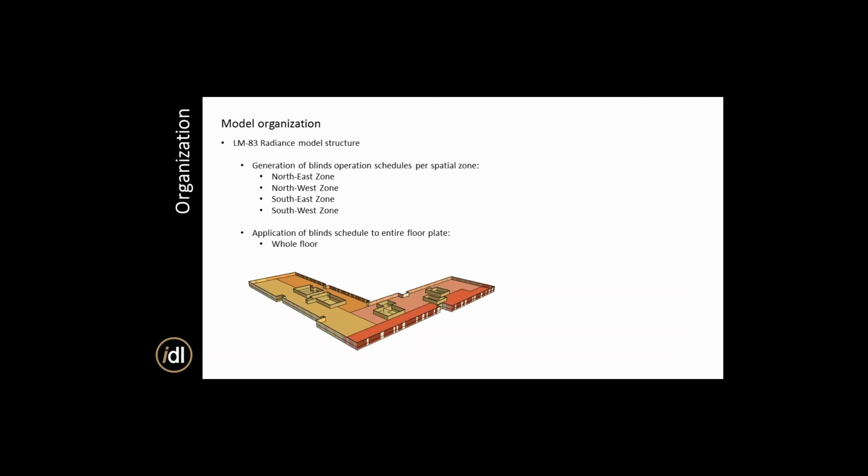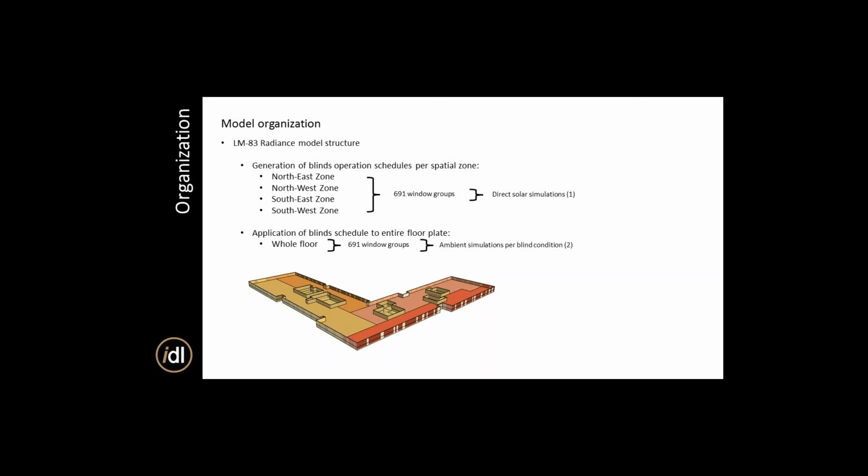Okay, so this outlines how we would simulate this. We have the four zones and we have the whole floor plate. If we're looking at the entire building, we would have 691 window groups for each iteration of this model. So we have the separate zonal, the daylit zones, so 4 models, and then we have the whole floor plate.